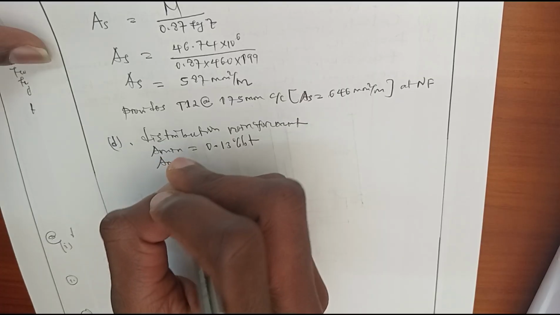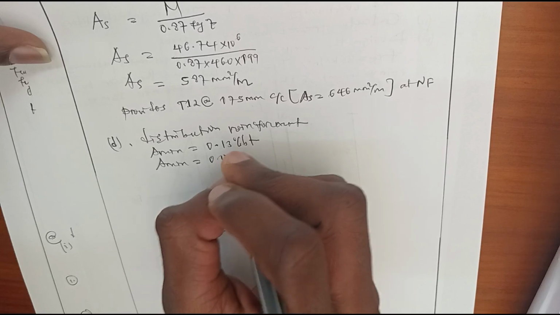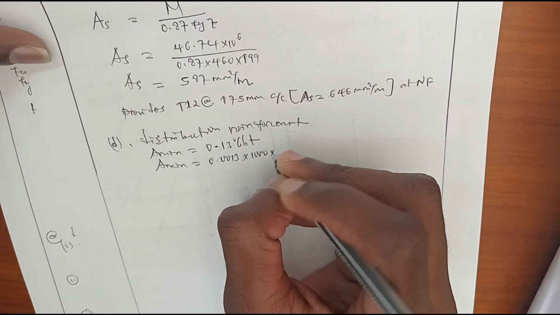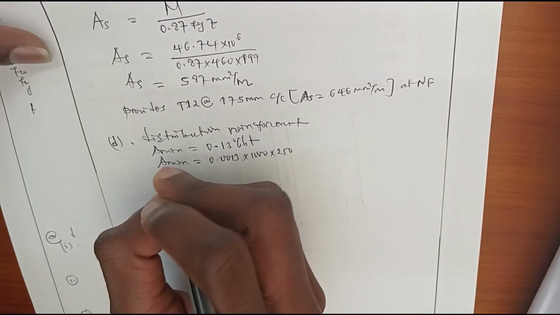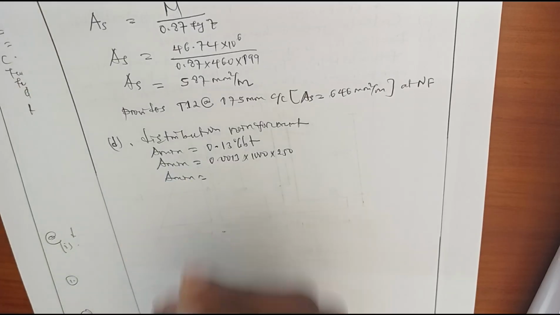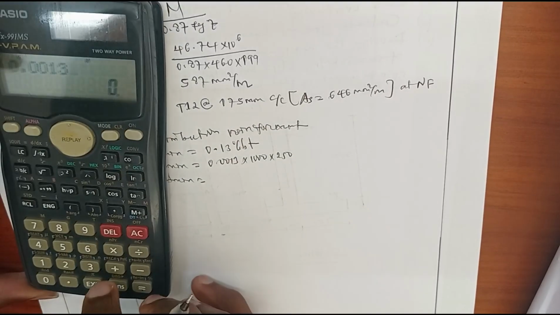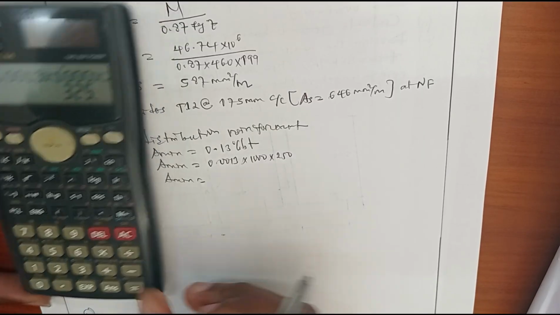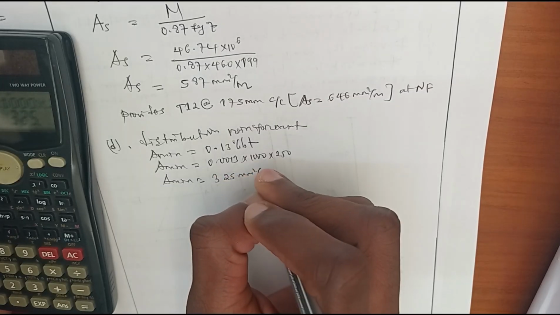So the minimum area will be equal to 0.0013 times breadth, which is 1000, times the thickness, which is 250. It will be equal to 325 millimeter square per meter.